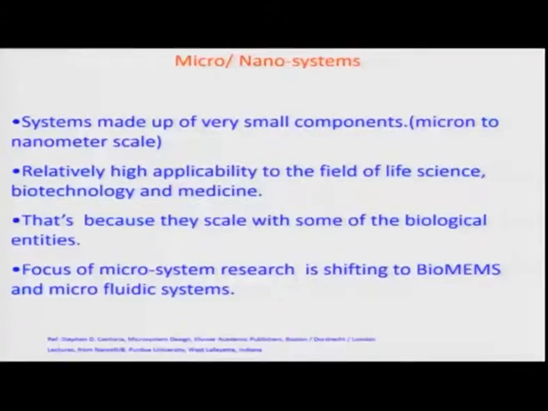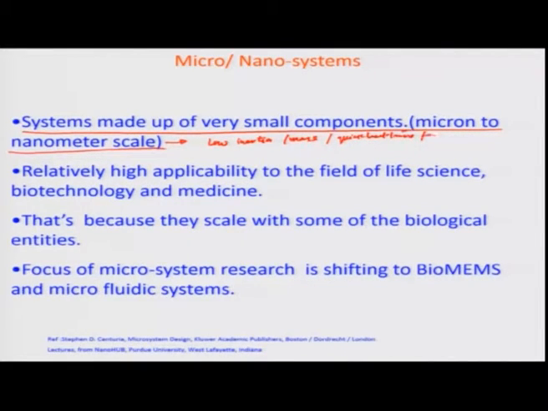So, when we talk about micro and nano systems, typically they are systems made up of very small components, mostly micron to nanometer scale, and such systems find very good applications primarily because they have an overall low inertia and mass associated with them, and also some very interesting properties, like for example, quick heat transfer, as well as prominence of surface area, and very peculiar characteristics when we talk about fluid flows in such scales.